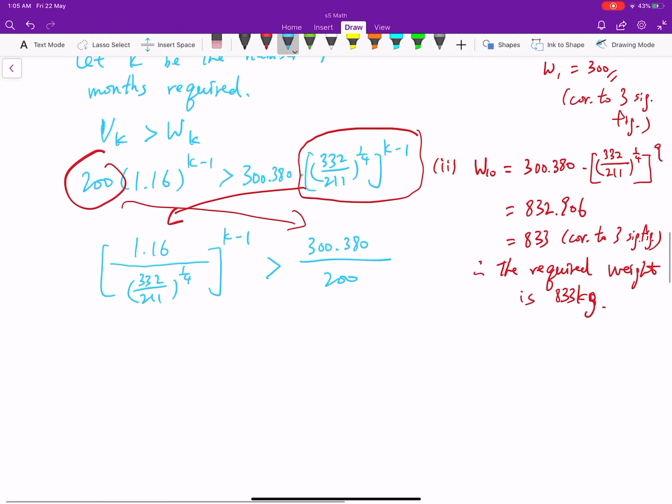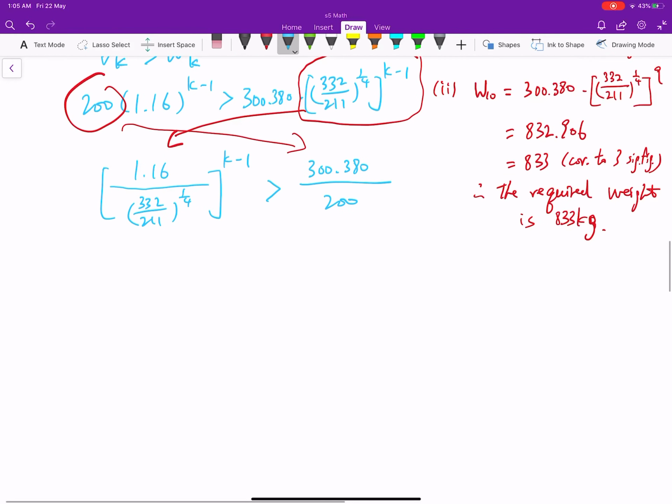Here, instead of using the exact value, we try to use decimals instead. In case you use enough digits, the answer will be the same. So don't worry about using these digits sometimes. And then we take log on both sides.